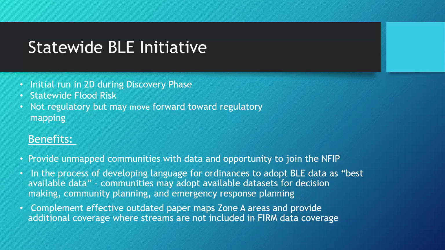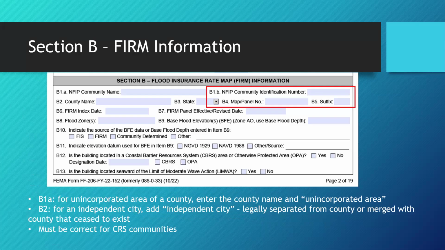And so it can help provide that additional coverage where streams are not included in the FIRM data coverage. So if you look at some of these older maps, they're just very basic and they don't cover the entire stream. So yeah, if you've seen those, you know what I'm talking about. They're just very primitive looking. So the BLE can help improve that and expand those areas that are not covered.